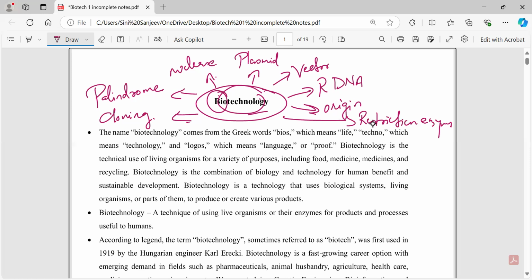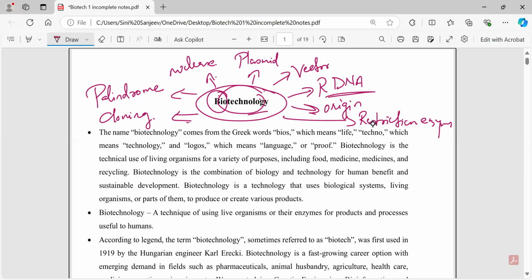Because in biotechnology, the bacteria or the viruses act as a vehicle. When we go forward, you will know what a vehicle is, and a vehicle usually means a vector. I'll clear these terms I have written. The first one is rDNA, that is recombinant DNA.